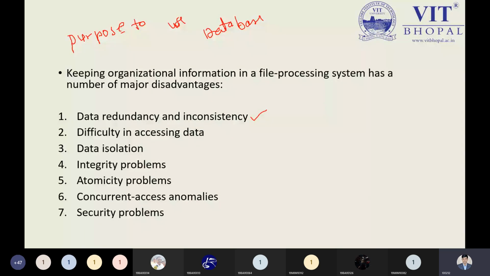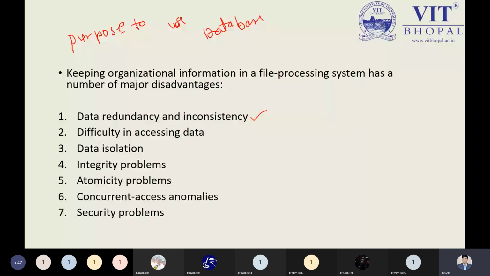C++ also has the facility to access a database, but it will be complex. So Java, of course, and Python as well. Moreover, the same information may be duplicated in several files. The student Harshit just told us about different departments. If you try to create a file, there may be some chance the record may be duplicated. This is the drawback of the traditional file system approach.